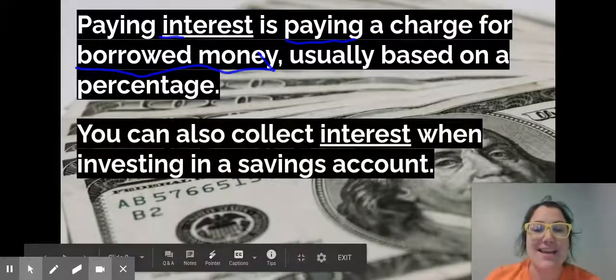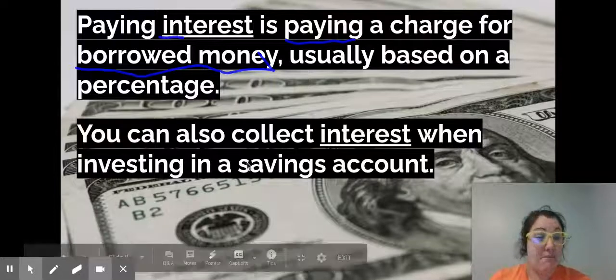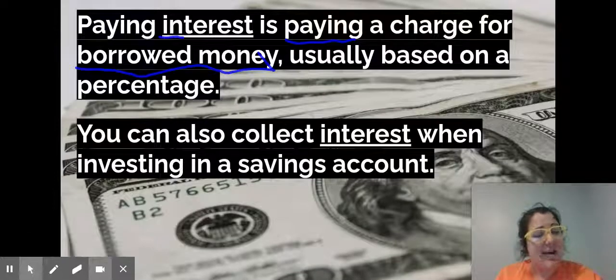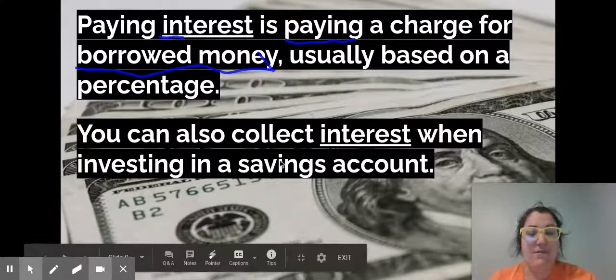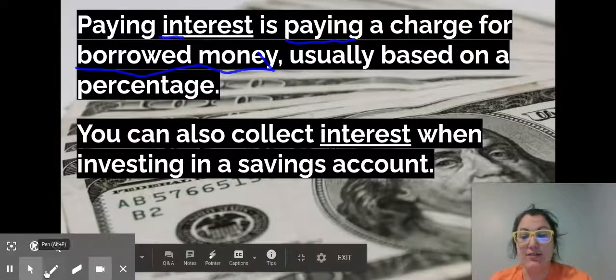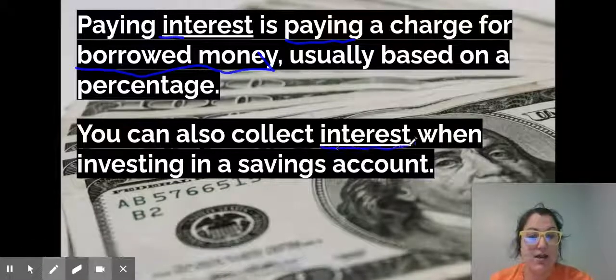Another way you can see interest is in a savings account, okay? At a bank, a savings account, or not usually a checking account, but any of those like extra money accounts. So you can collect interest. So again, it's an increase of your money, that IN.